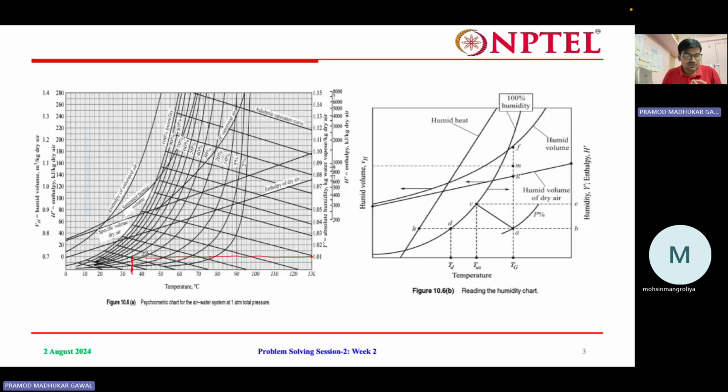So I have to calculate the saturation conditions, right? Now we have to draw a line parallel to the adiabatic saturation curve line, similar to this one.